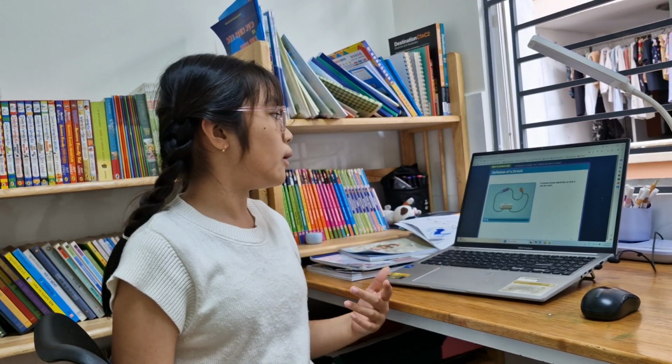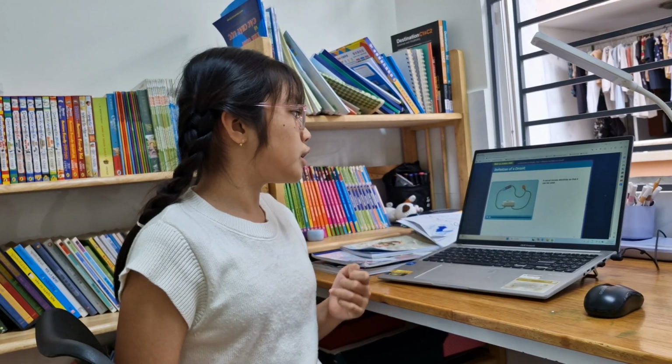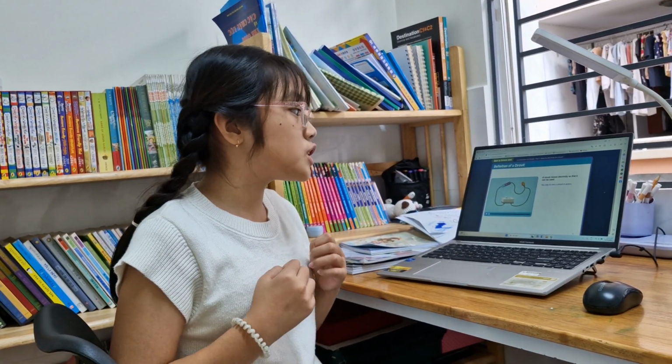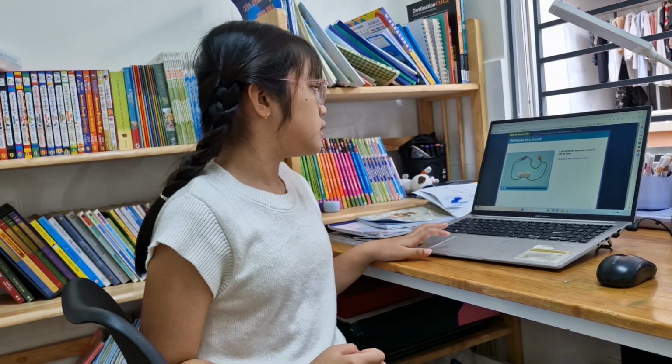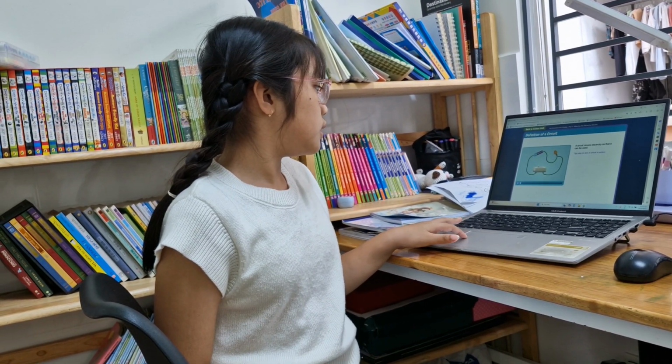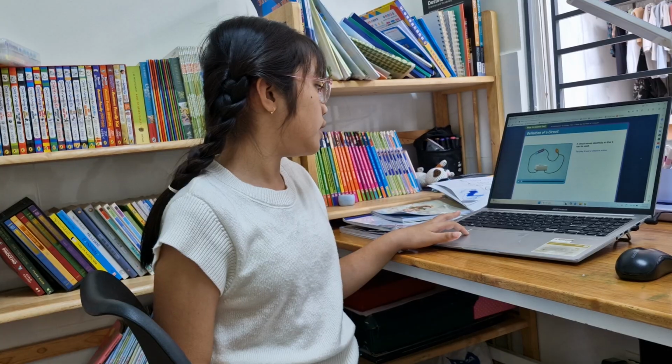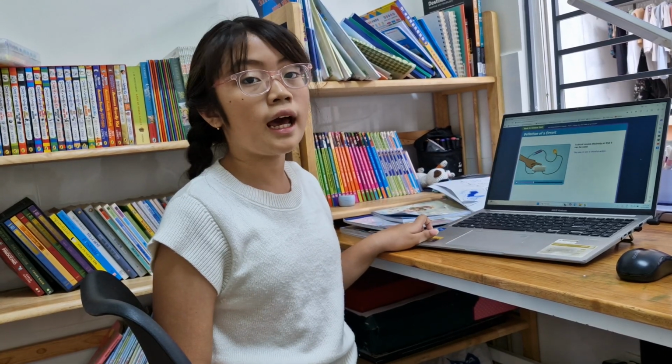A circuit moves electricity so that it can be used. We can see here a circuit in action.